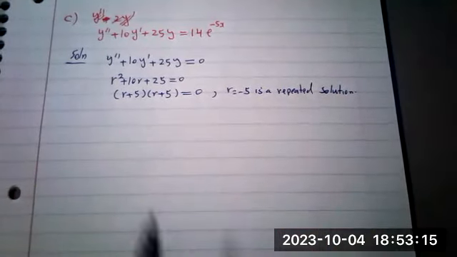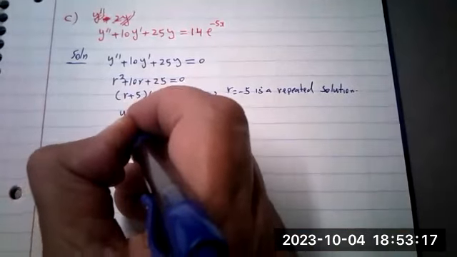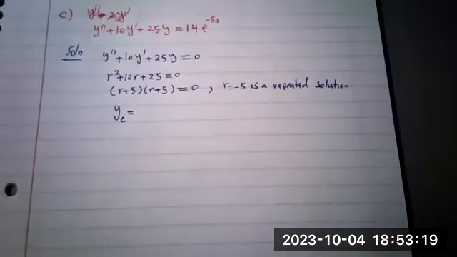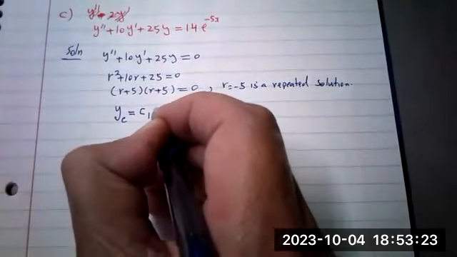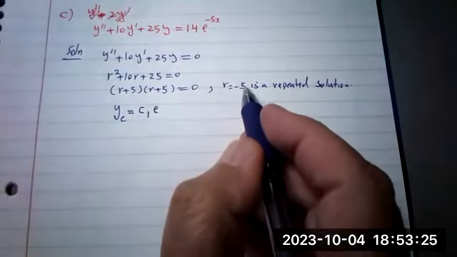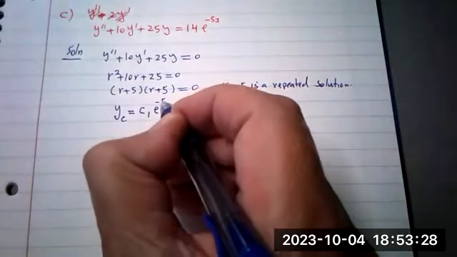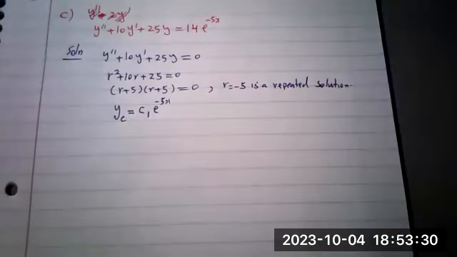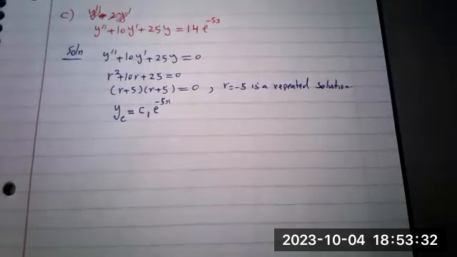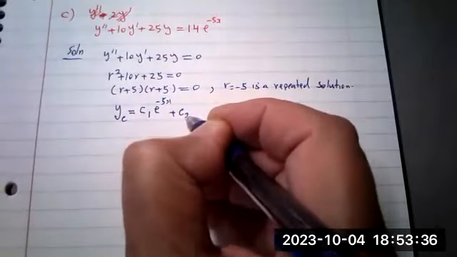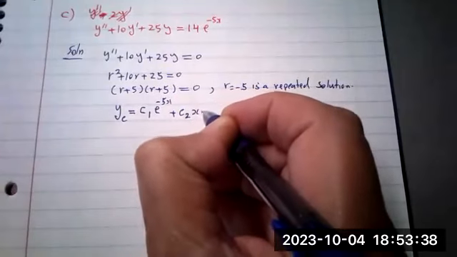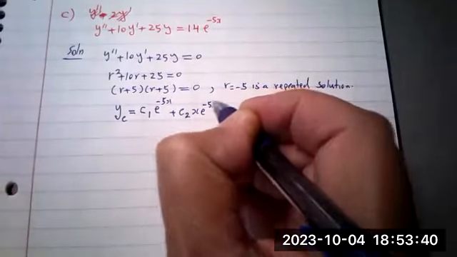So what's going to be yc? We get C1 e to the r, where r is negative 5, so that gives e to the negative 5x. It's going to be the first solution, but it's a repeated one. Since it's a repeated one, what's going to be the second one? C2 x e to the negative 5x.